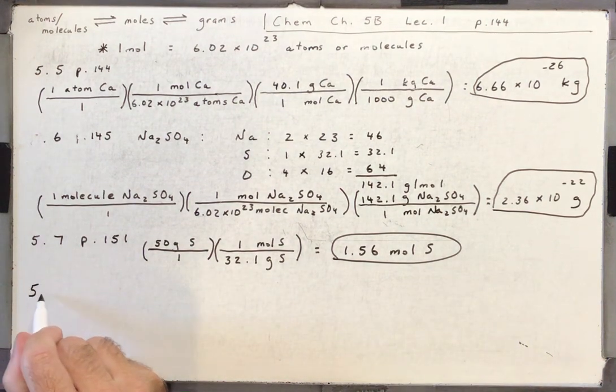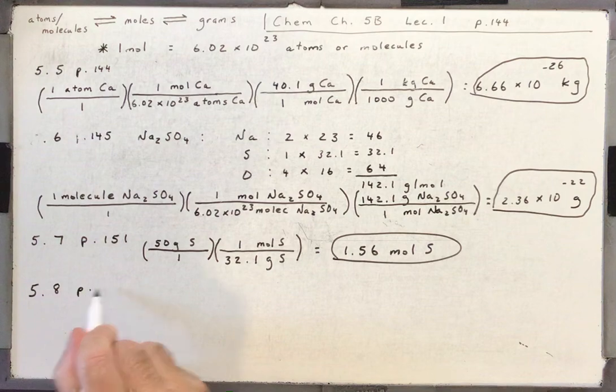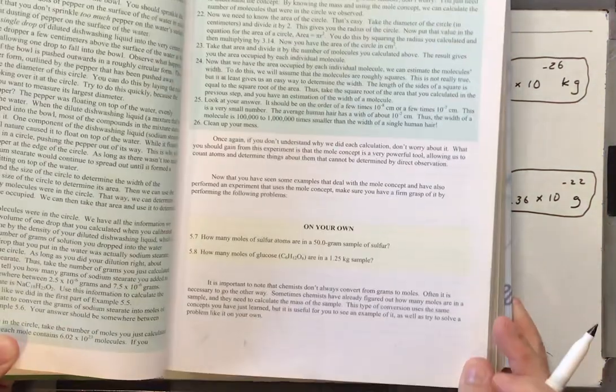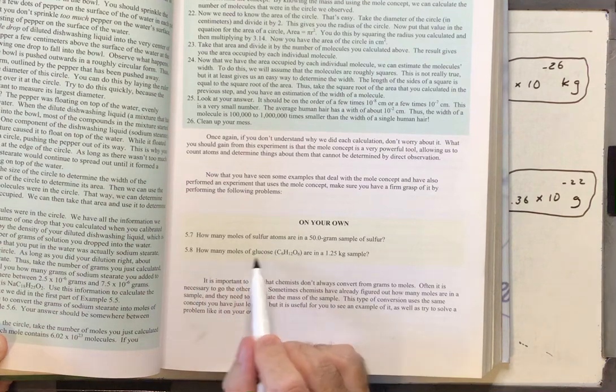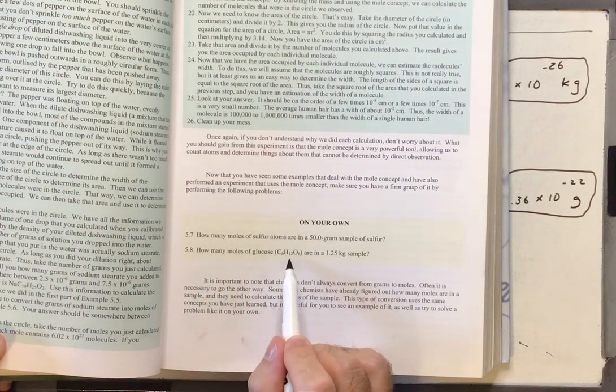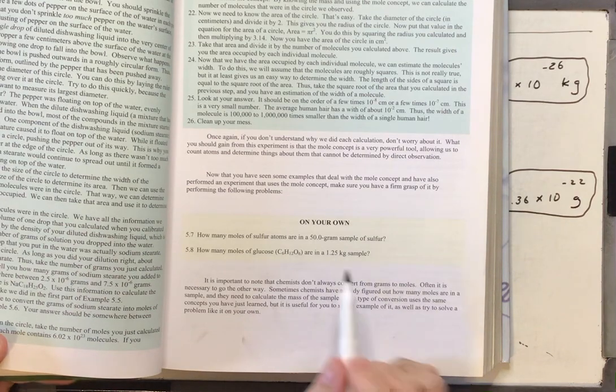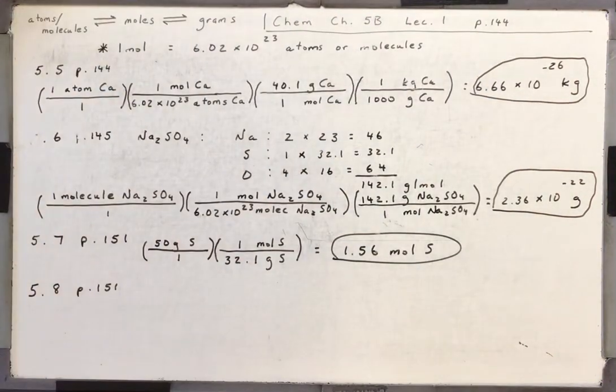Okay, let's look at 5.8. That's right underneath. So that one says, how many moles of glucose, so C6H12O6, are in a 1.25 kilogram sample? All right. Well, because the author gave it in kilograms, this is going to be 3 sets of parentheses.